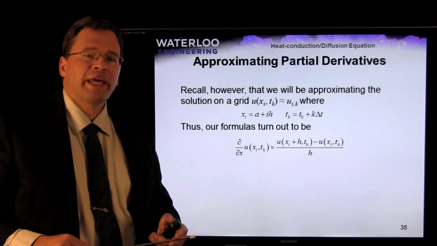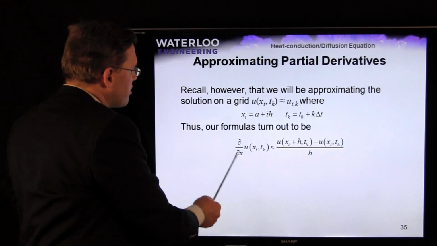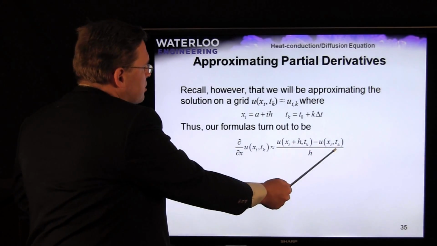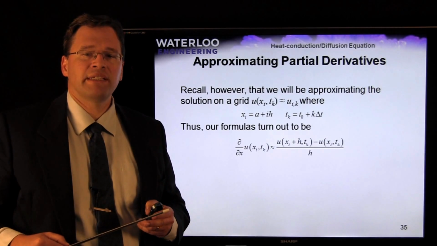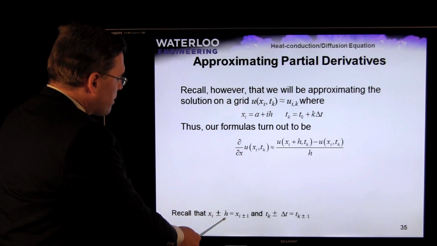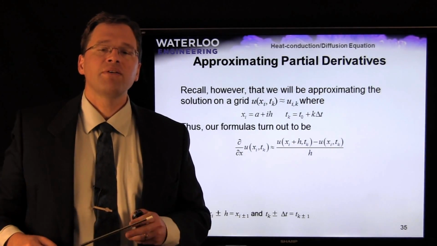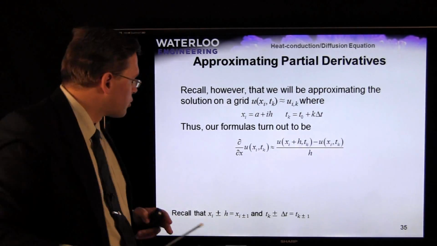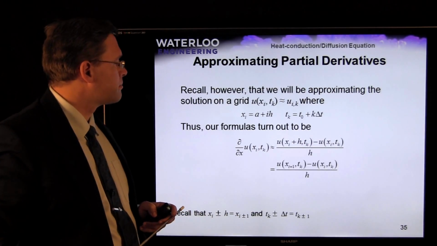But if we substitute x sub i and t sub k into our formula for the derivative, we get u at x sub i plus h minus u at x sub i, both at t sub k. Now recall that x sub i plus or minus h is just x sub i plus or minus 1, and the same for t sub k. So we can replace this first term with x sub i plus 1.